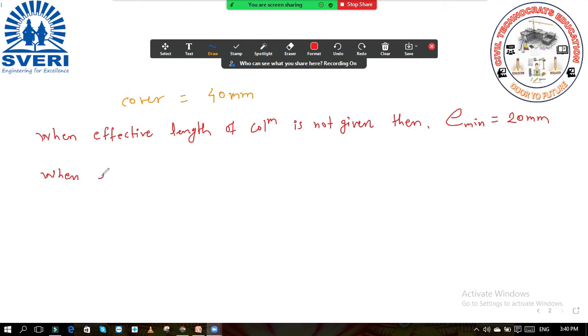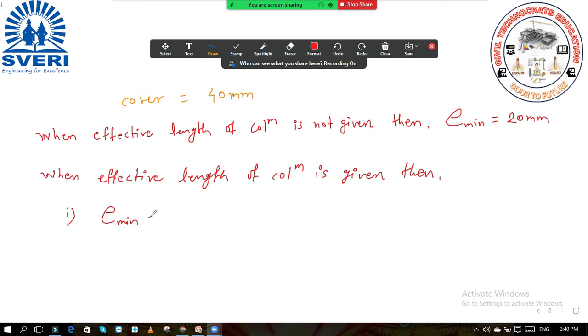But when the effective length of column is given, then your E minimum is equal to, the formula which is given in the IS code, clause number 25.4.